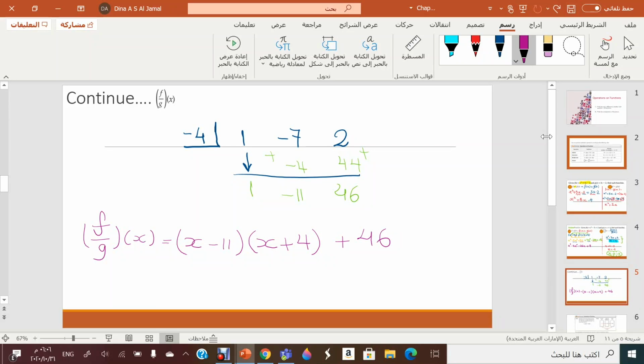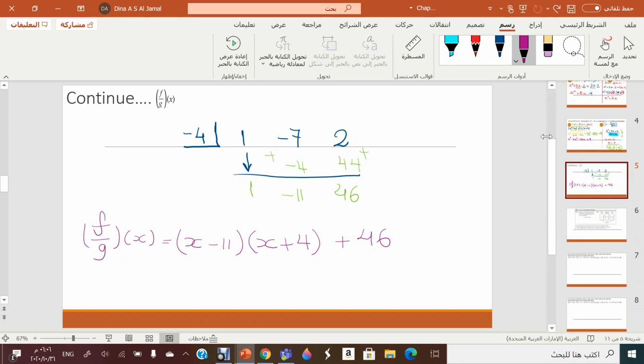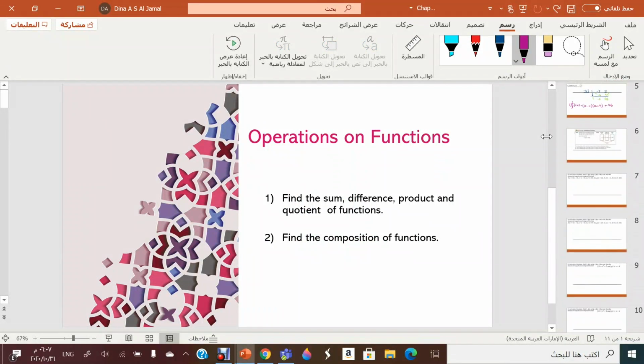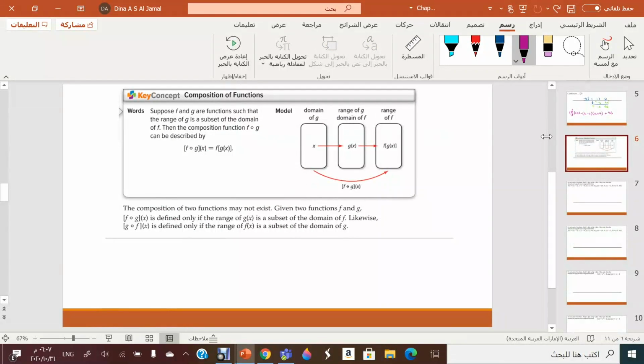That's it. Now, what if I'm requiring you to find point 2, which is the composition of functions? Now you have two functions and you should put them inside each other. What do I mean by inside each other? First of all, you take that x, it is the value of the domain for the function g of x, which gives y, your y values, your range.